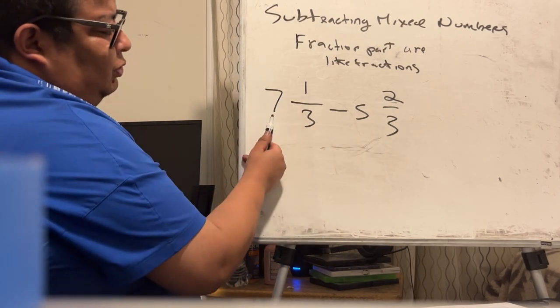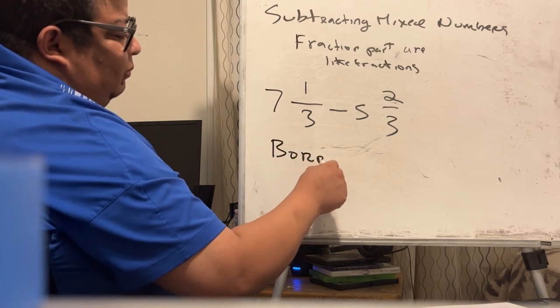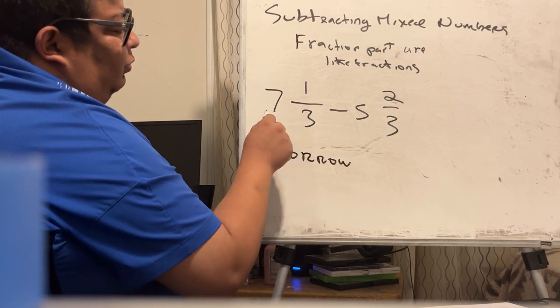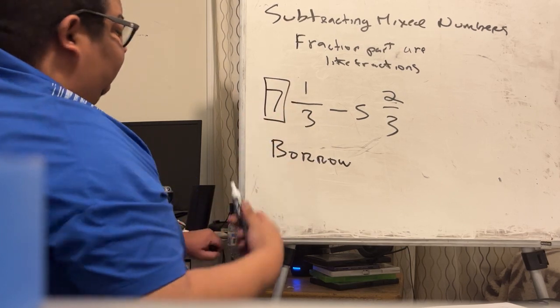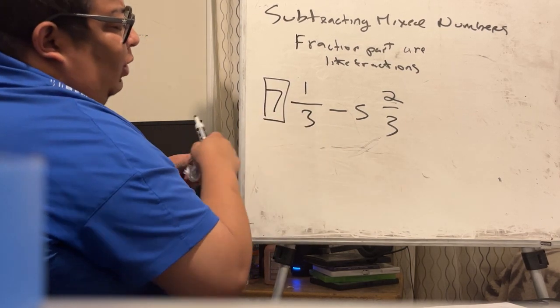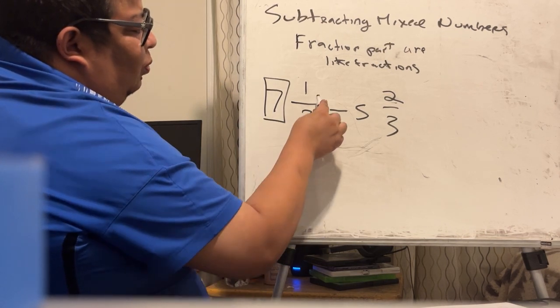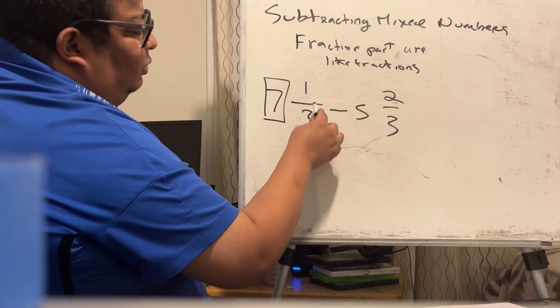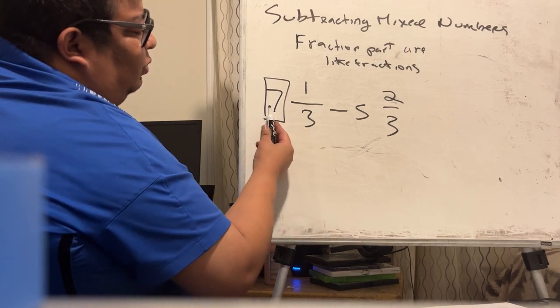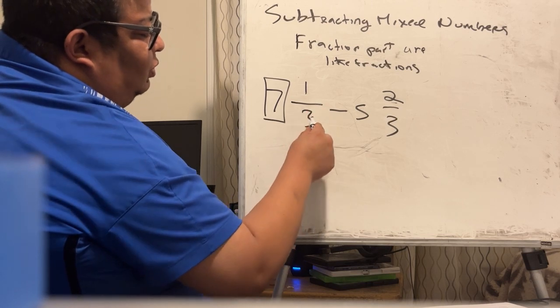So what you have to do is borrow from the 7. The way you do it is as follows. How can I write a whole number in terms of a fraction? I'm going to borrow one from the 7, so I have to add it to the 1/3.